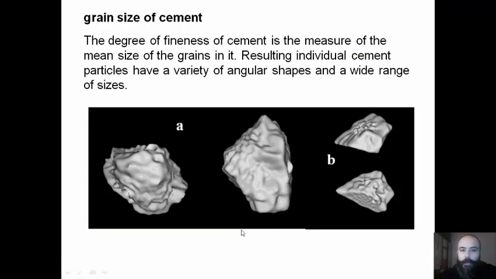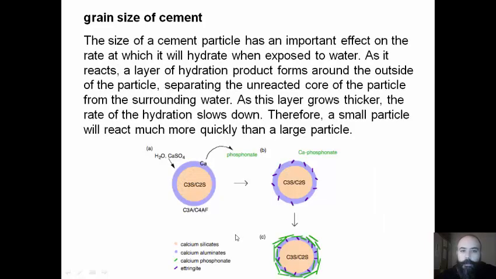The degree of fineness of cement is the measure of the mean size of the grains in it. Resulting individual cement particles have a variety of angular shapes and a wide range of sizes. The size of a cement particle has an important effect on the rate at which it will hydrate when exposed to water.